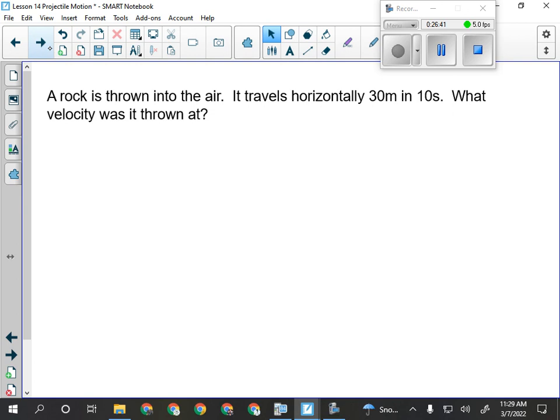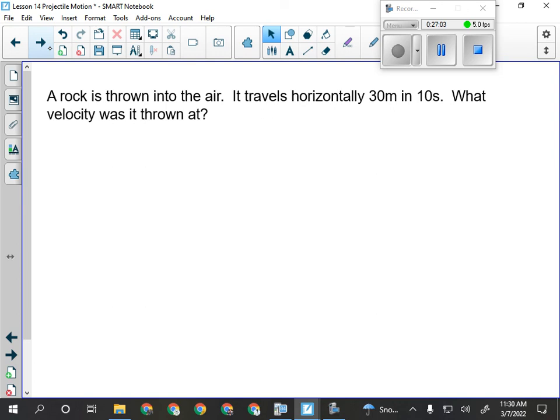All right, this one's even more different. This one really requires thinking because it gives you virtually nothing. And you have to have a really good understanding of how the vertical part of projectile motion works in order to get this one.